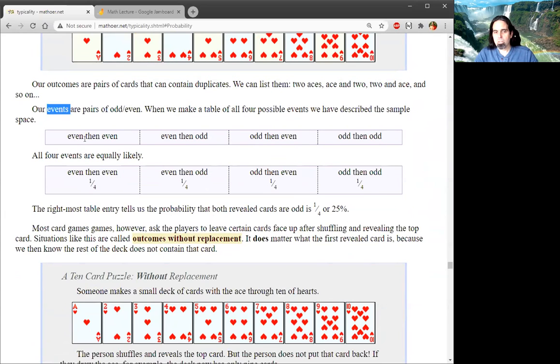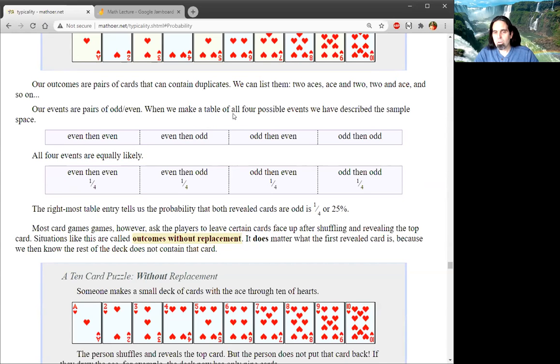And that's easier. We can just list all four of them: even then even, even then odd, odd then even, and odd then odd. We need to keep track that even then odd and odd then even are different outcomes, different events, even though it sort of looks the same at the end of the day.